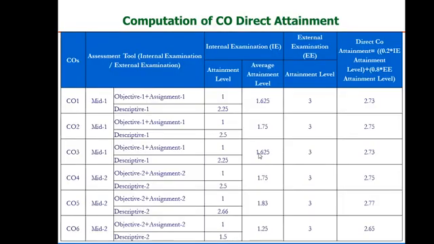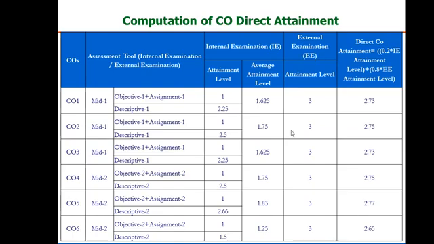Then coming to the computation of direct attainment of CO. This is the table which shows, for all COs with the assessment tools defined earlier, how to calculate the direct attainment of a CO by considering internal examinations and external examinations.